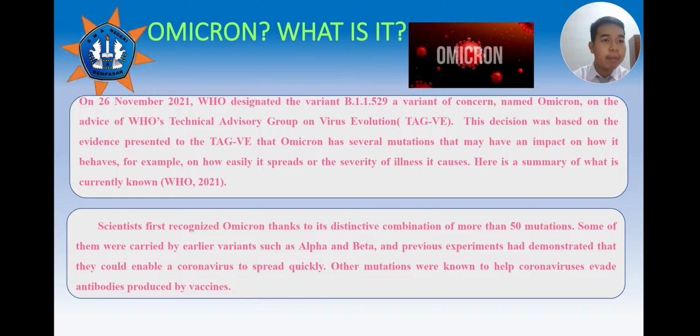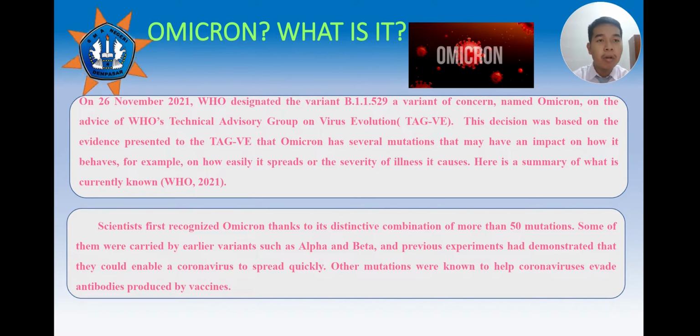So here is a summary of what is currently known, from WHO in 2021. Scientists first recognized Omicron thanks to its distinctive combination of more than 50 mutations. That is so many, and some of them were carried by earlier variants such as Alpha and Beta.